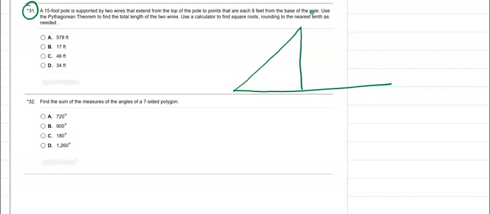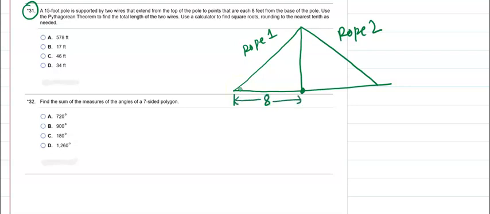One rope is going to be like this, rope 1, and the other rope is rope 2 here. Remember that the rope is attached to the top of the pole and also to the ground, which is 8 feet from the pole. So this 8 feet here, also this 8 feet here.